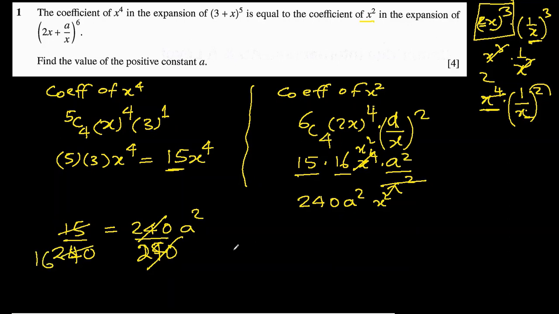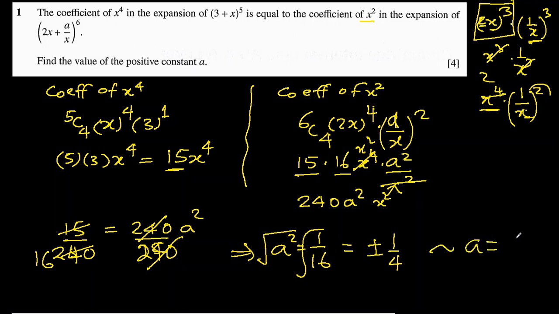So a square is 1 over 16, and to find a we'll have to square root this. We'll get plus and minus 1/4. But they say find the value of the positive constant a. Positive we want. So finally positive 1/4 is the right answer.